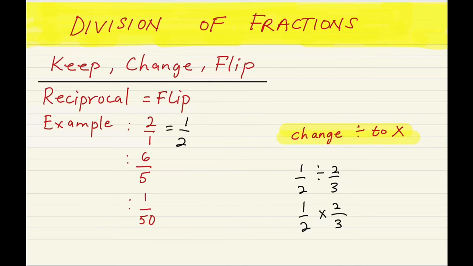Like 6 over 5 becomes 5 over 6, and 1 over 50 becomes 50 over 1. And you know that any number over 1 is the number itself. So 50 over 1 can also be written as 50. Simple as that. So let's get to the examples and then you're going to get this.